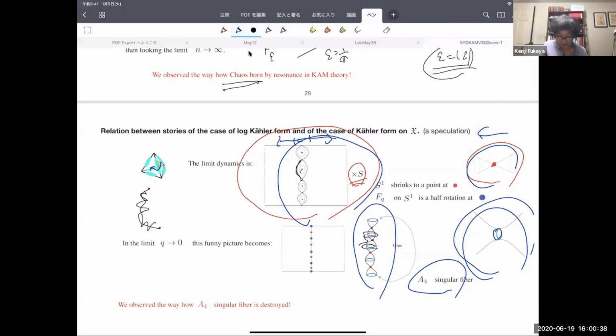So that's what happens after this A4 singular fiber is destroyed. This is not a theorem, but the conjecture is that if you have this SYZ fibration, you have some A4 singular fiber, which is fixed at time 0, but then after turning on Q, you get this kind of phenomenon. Okay, now that time is up, this is what I wanted to explain.